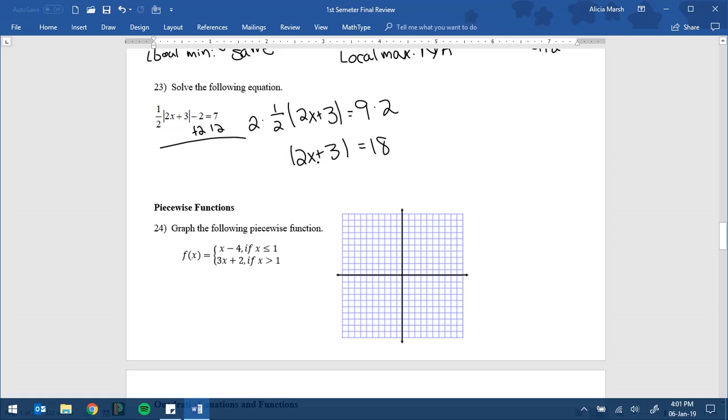Now I need to split this, because remember, absolute value equations need to be split. So I'm going to split it into 2x plus 3 equals 18, and 2x plus 3 equals the negative value of that, because there's two sides to the absolute value, so you got to worry about two equations. So now I'm going to solve this guy.